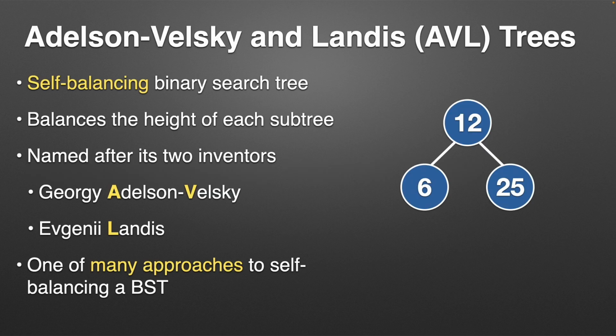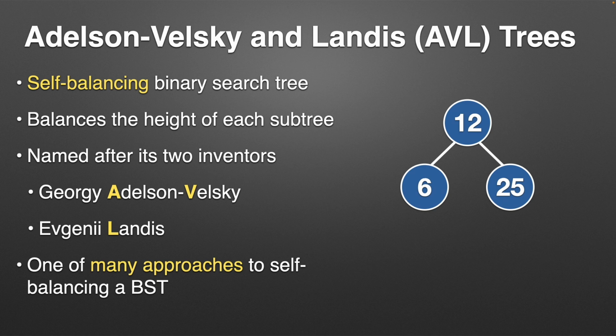So we're going to talk about AVL trees. AVL is for the creators of AVL trees. It's their last names, as you can see there. This is one of the earliest approaches to balancing a tree, and it is a pretty good one. Like I said, there are a bunch of other ways. None of them do anything that's necessarily more efficient.